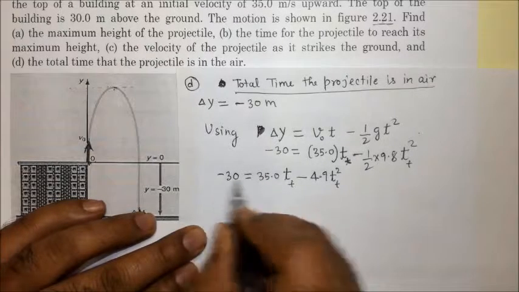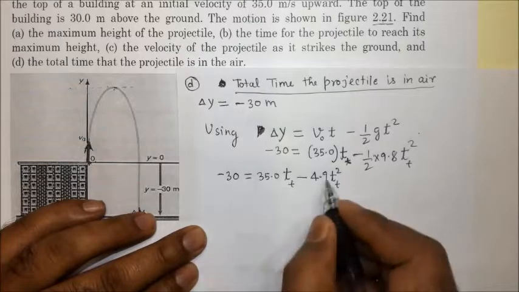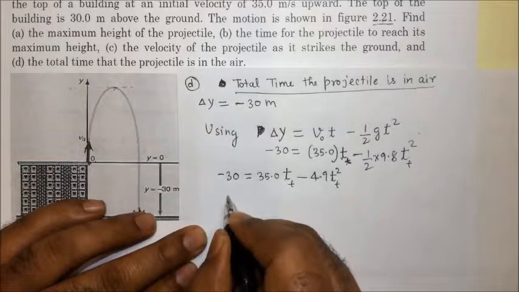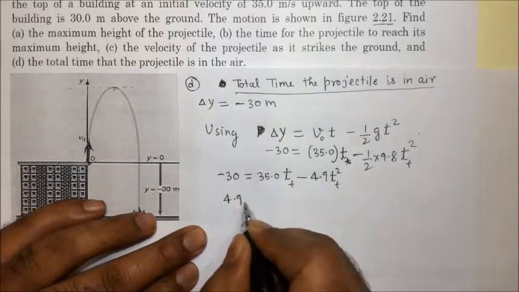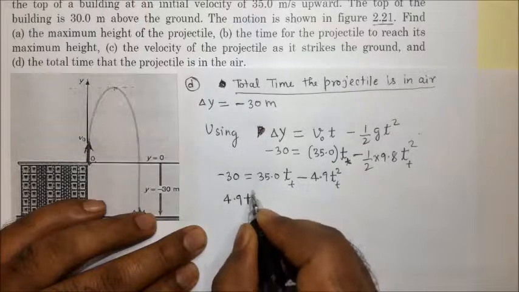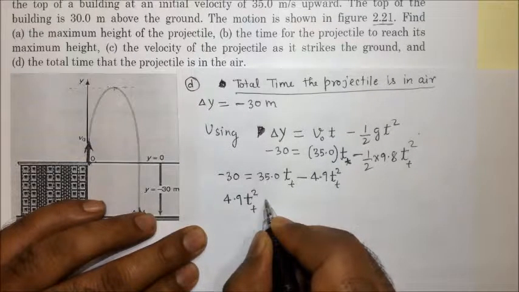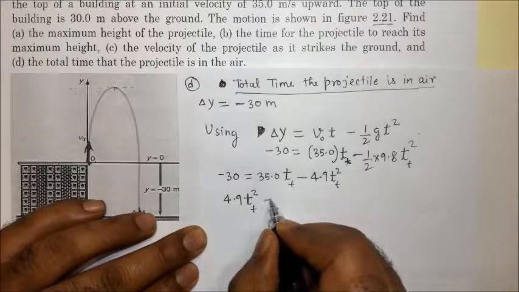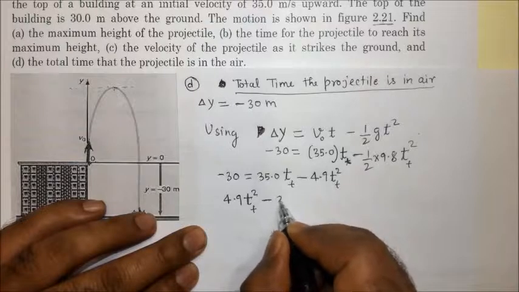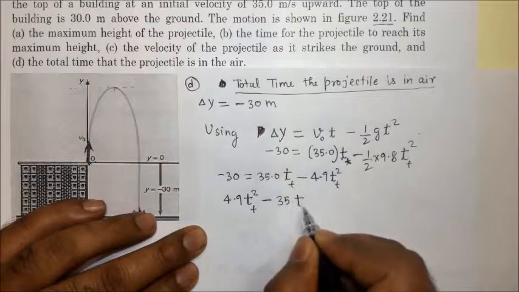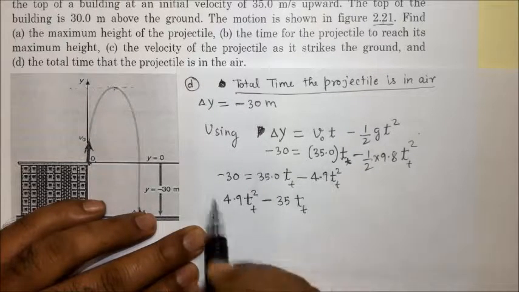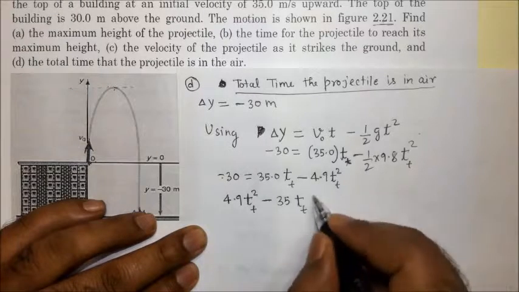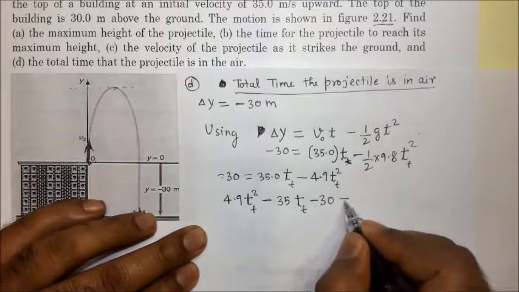Let's move this 4.9 to this side. If we move this side, it becomes plus 4.9 t suffix t square. If I move 35t to this side, it becomes minus 35 t suffix t, and minus 30 is already there, so minus 30, the whole thing becomes 0.